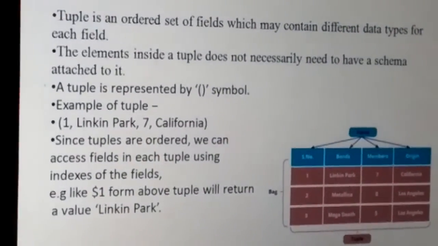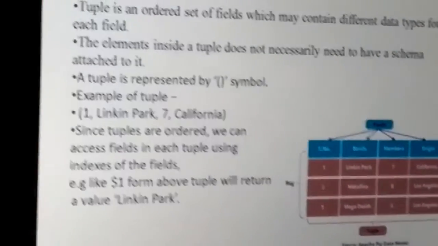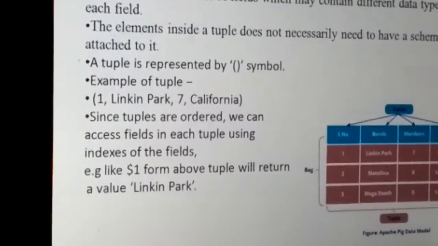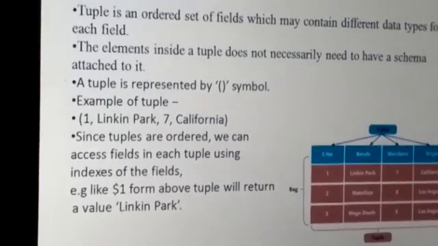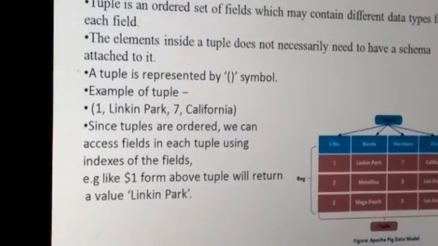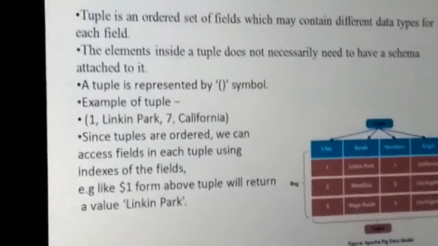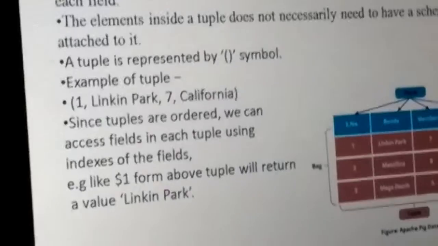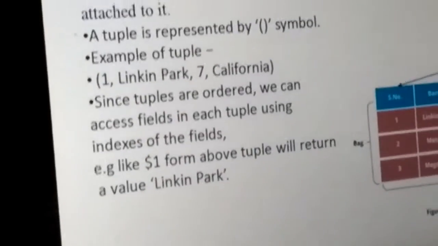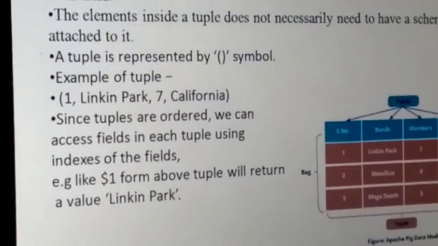For example, the first record, for first field serial number, second bands, third members, then fourth origin. So there are 4 fields and this constitutes one record. So that is nothing but the tuple. Since the tuples are ordered, we can access fields in each tuple using indexes of fields.